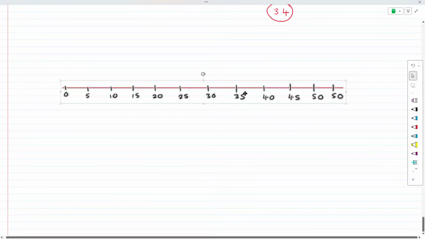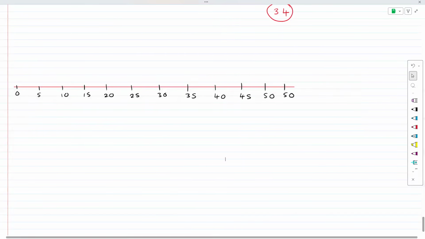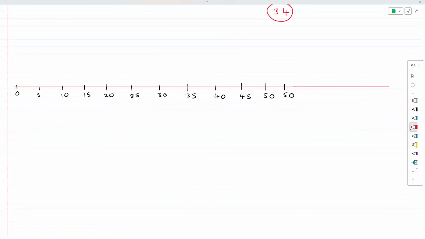I'll draw the number line: 5, 10, 15, 20, 25, 30, 35, 40, 45, 50, 55, 60, 65, 70, and 75.